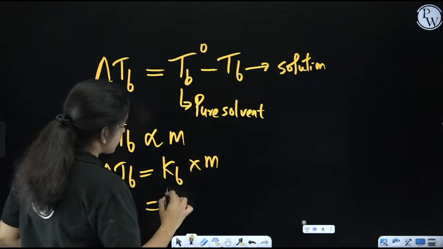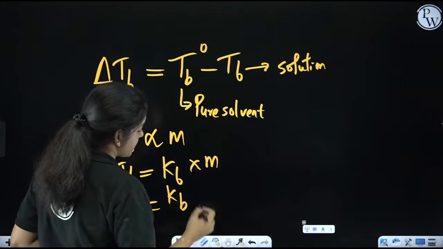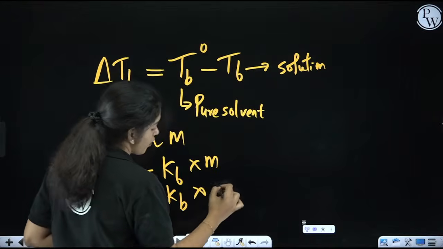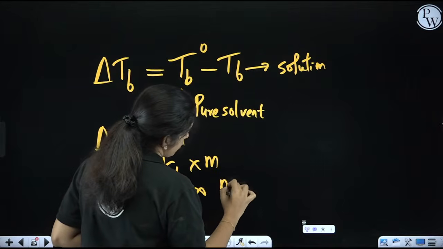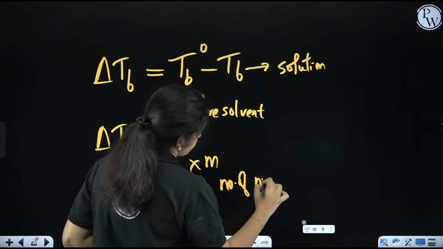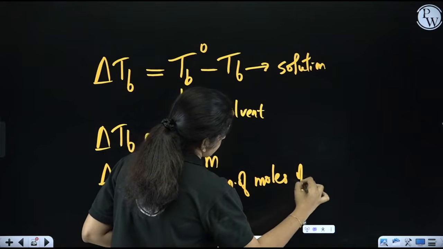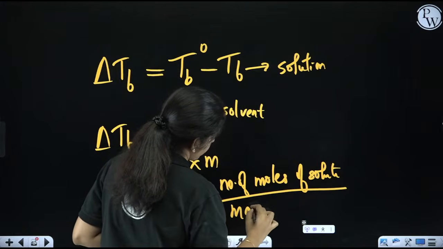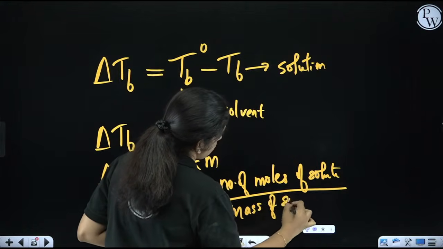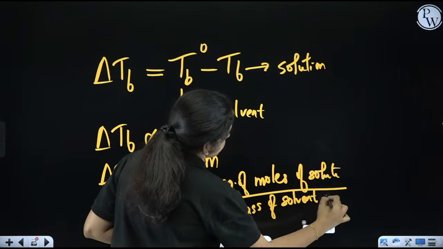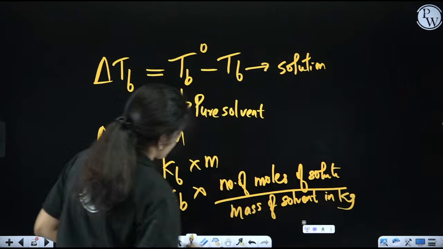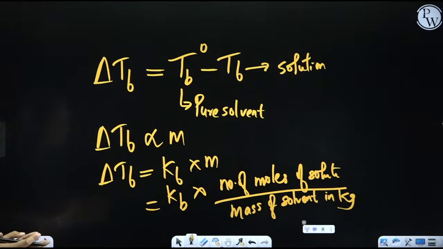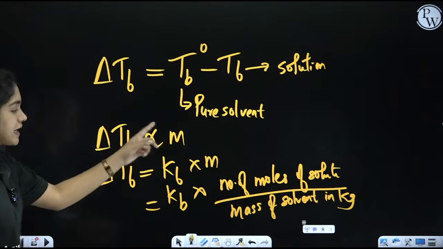Now we can substitute the equation for m. What is m? Molality is equal to the number of moles of solute divided by mass of solvent in kilogram. This is the final equation for delta TB. So delta TB is directly proportional to molality.